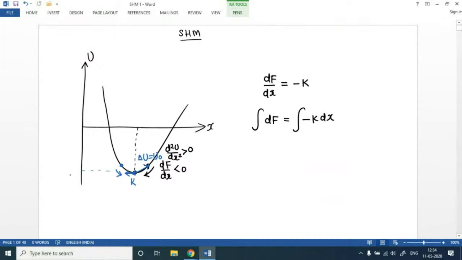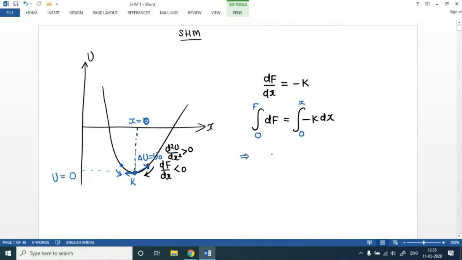Let's say this is the stable equilibrium position, we have assigned it the coordinate x equal to 0, and at this position we have assigned the potential energy to be equal to 0. So let's put the limits. At x equal to 0, the force would be 0 as well, because here no force is acting. And here, as a function of x, we want this force.